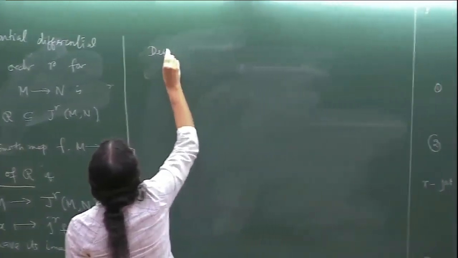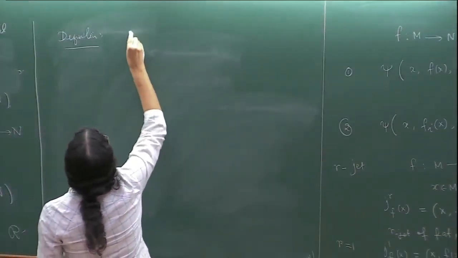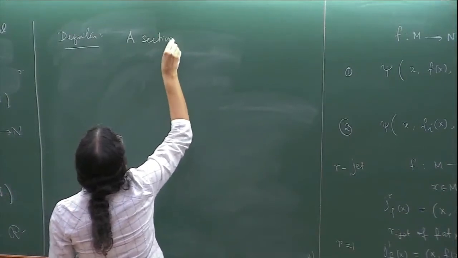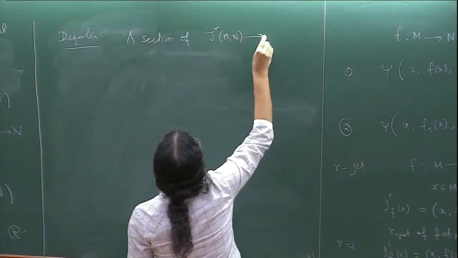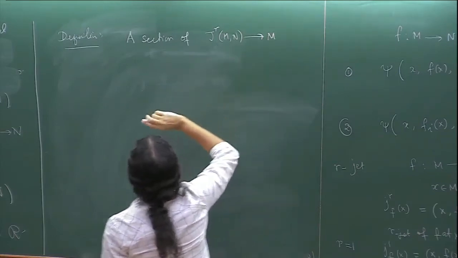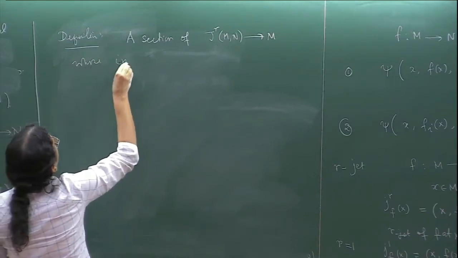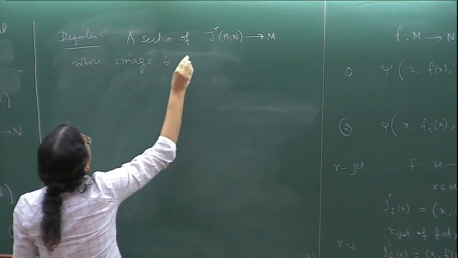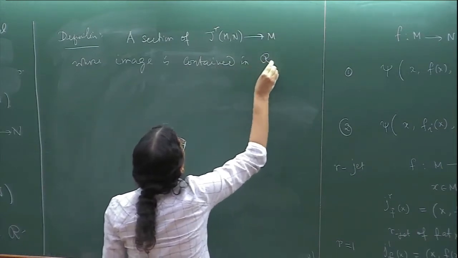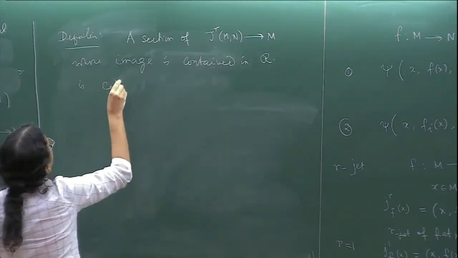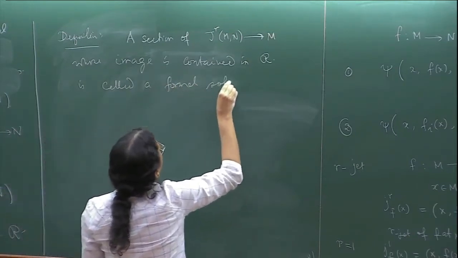Similarly, what is a formal solution? A section of the jet bundle. So this is the jet bundle. Section means in the reverse direction. A section of this jet bundle whose image is contained in R is called a formal solution.